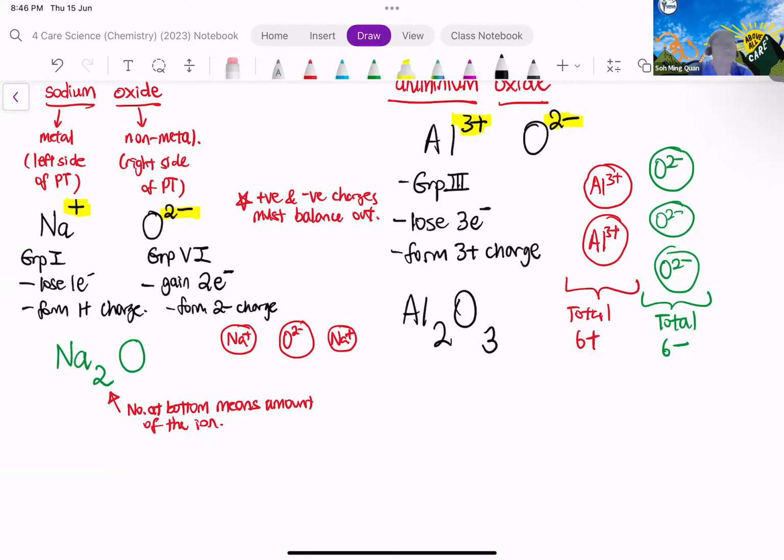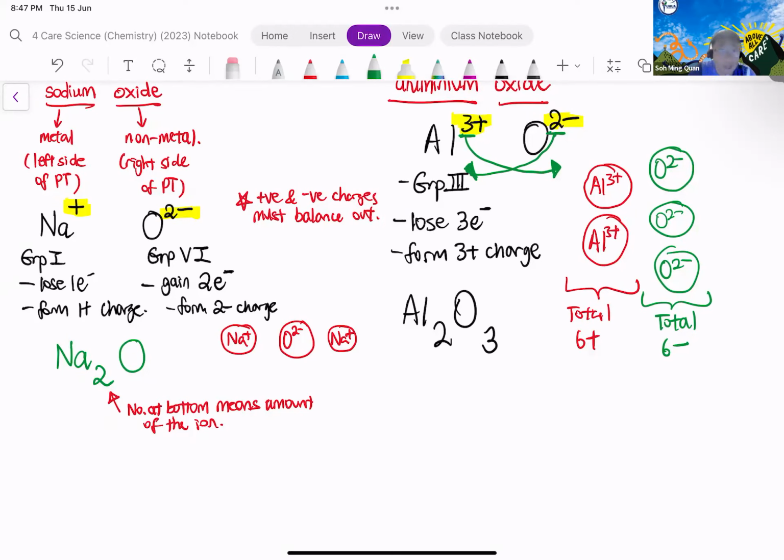Now, obviously, for something as complicated as aluminium oxide, a quick way is to do the cross multiplication method. The 3 at first was with the aluminum in the charge. The 3 can come down below the O. The 2 can go below the Al. Now, when you do this cross multiplication method, you will get Al2O3 very quickly.